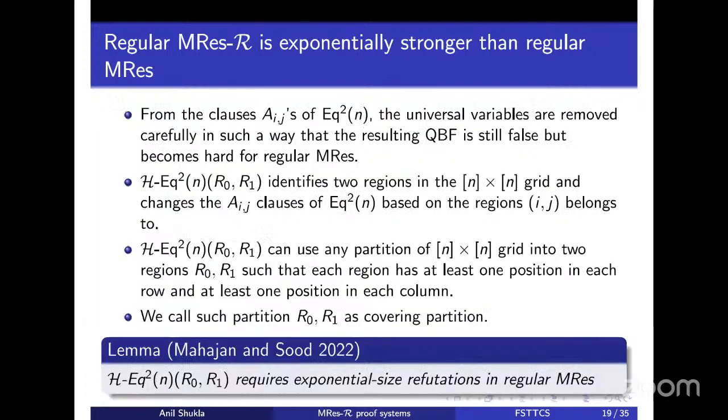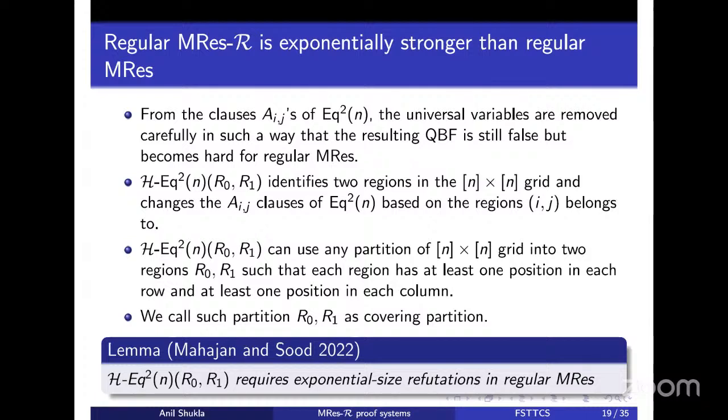This squared equality formula is easy for regular merge resolution. So what Mahajan and Beyersdorff did is they carefully removed universal variables from the clauses Aij in such a way that the QBF remains false.